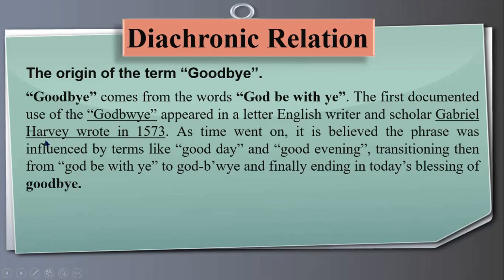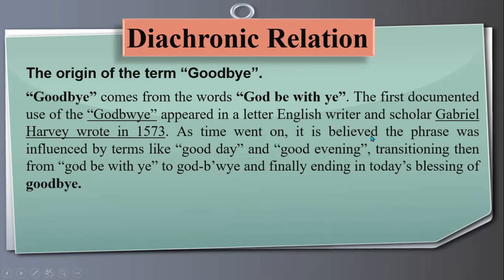The first documented use of goodbye appeared in 1573, when the English writer and scholar Gabriel Harvey wrote it. So the word goodbye came from God be with ye, and the first letter where we find God b'ye was written by Gabriel Harvey in 1573.